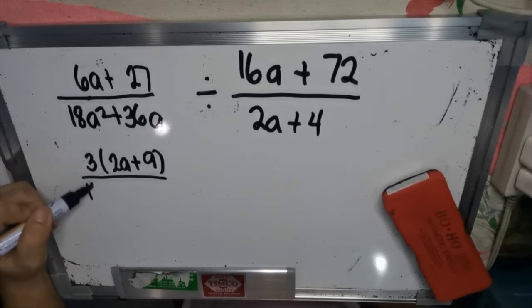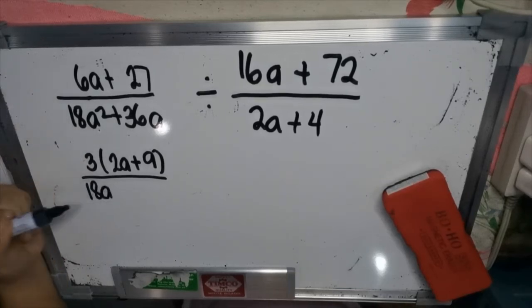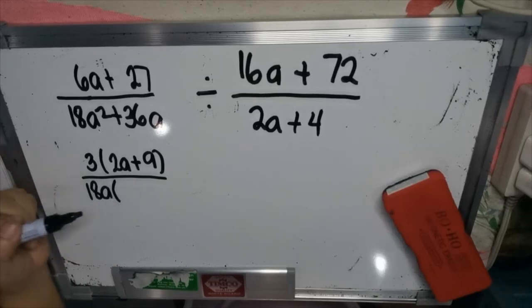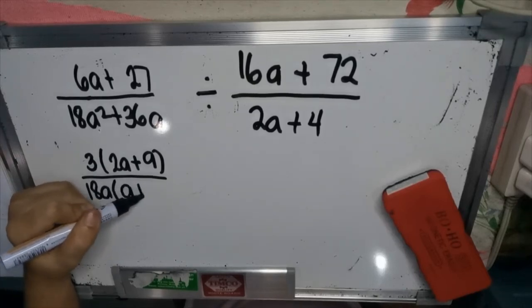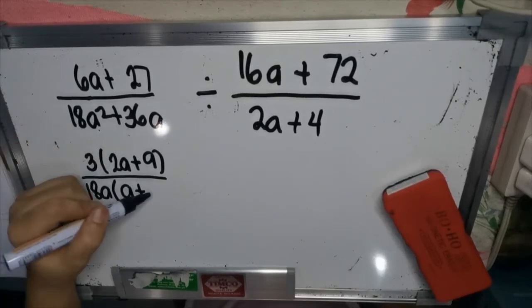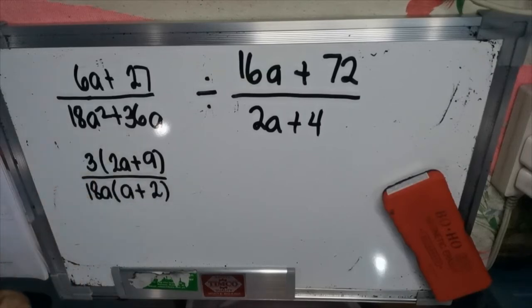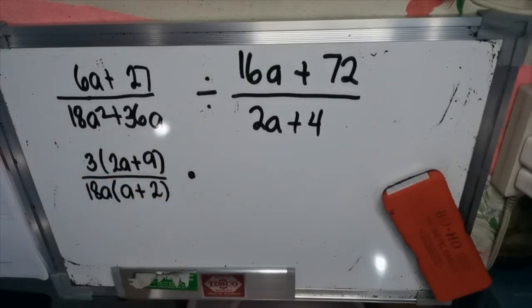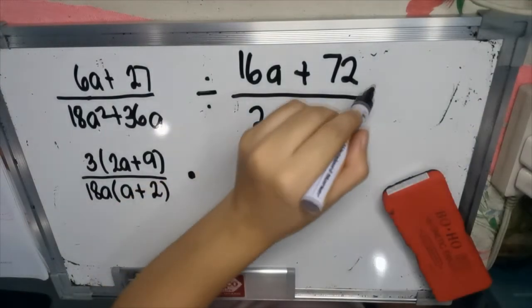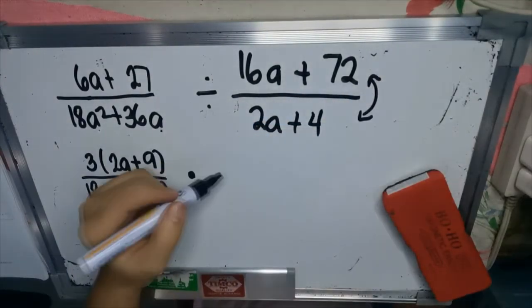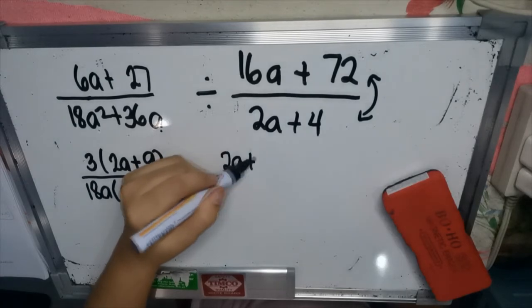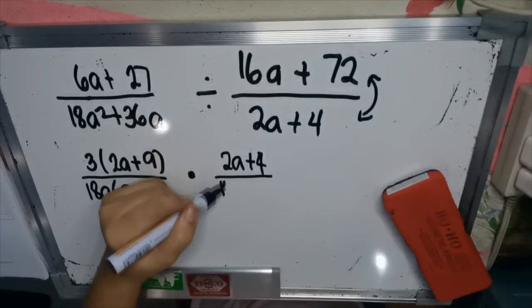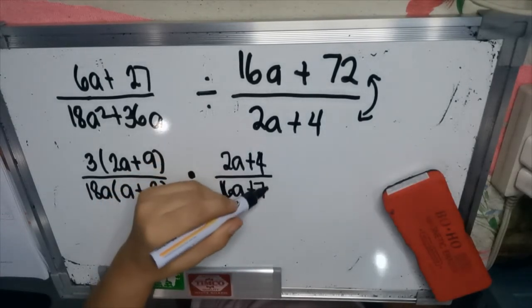So, divisible sila. Ang factored form natin is 18a. So, matitira sa loob is a plus 2. Tama? And then, gawing product, pagbalik ta rin. So, 2a plus 4 over 16a plus 72.